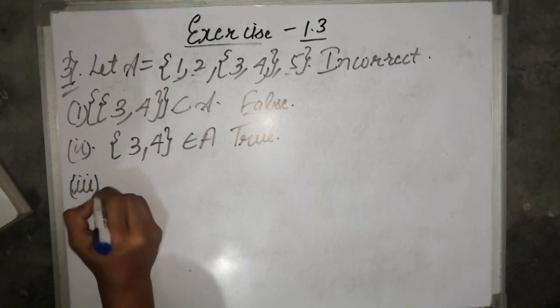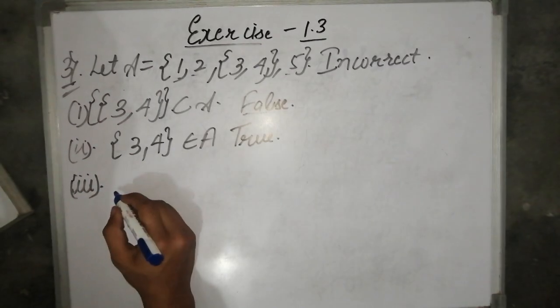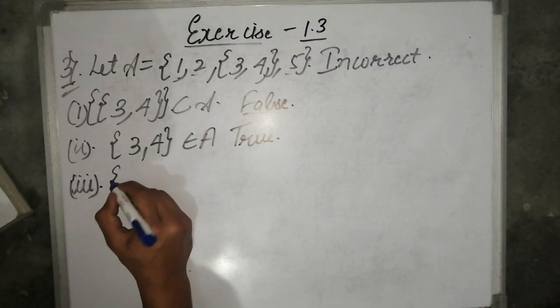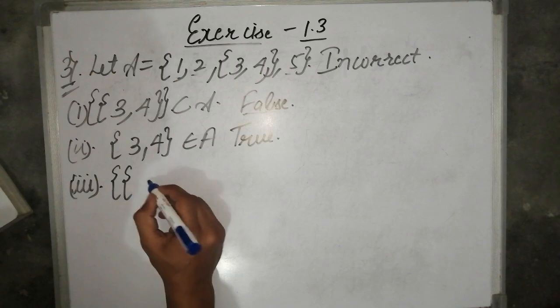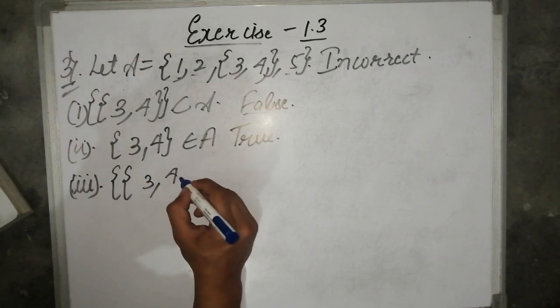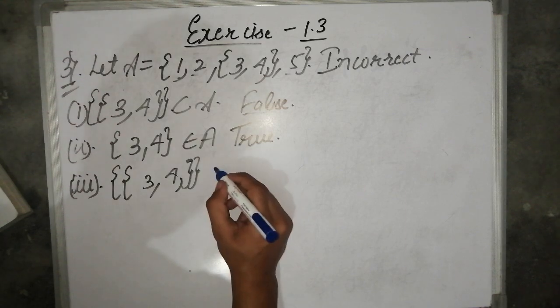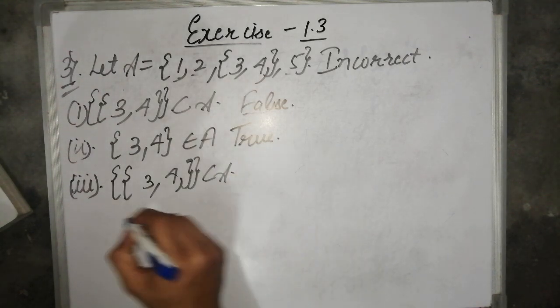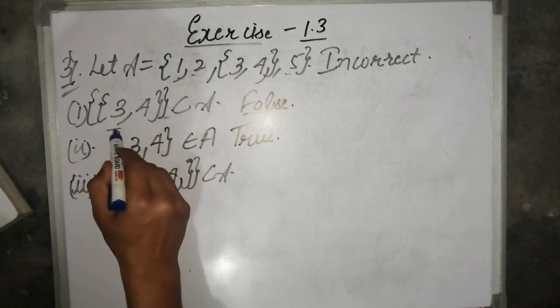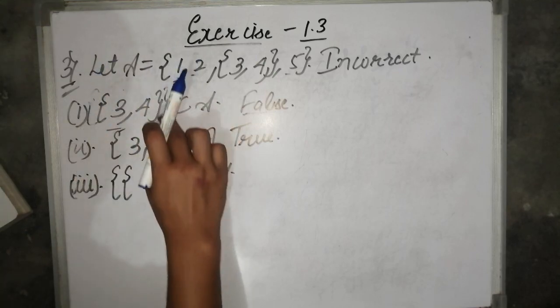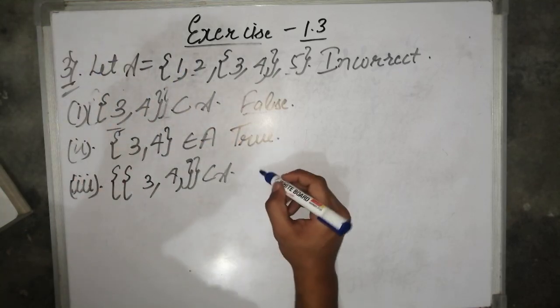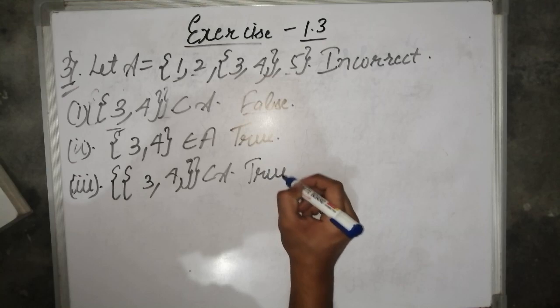Moving to the second part, we have {3, 4} belongs to A. Yes, this is true because {3, 4} belongs to A. There is no question about this. Third part is {{3, 4}} is subset of A. Now it is written here as I told you before in this first part, that's why true will come.